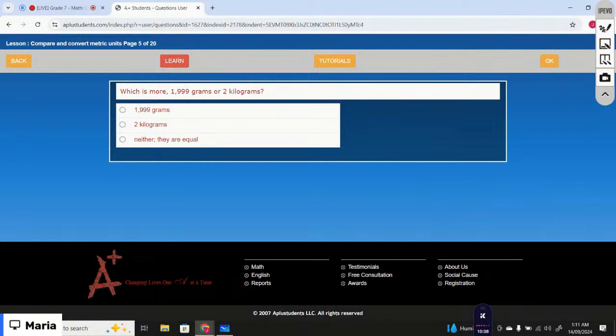Because in 2 kilograms you have 2000 grams, and 2000 grams is more than 1999 grams. Got it? Okay, which is more, 1 meter or 99 centimeters?